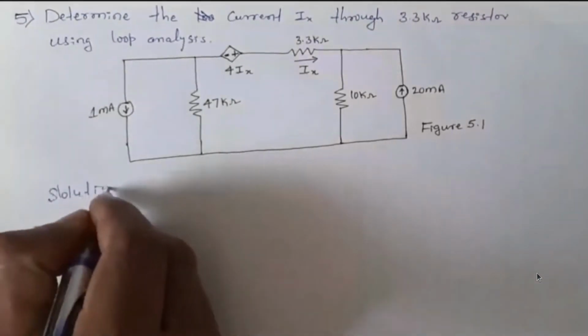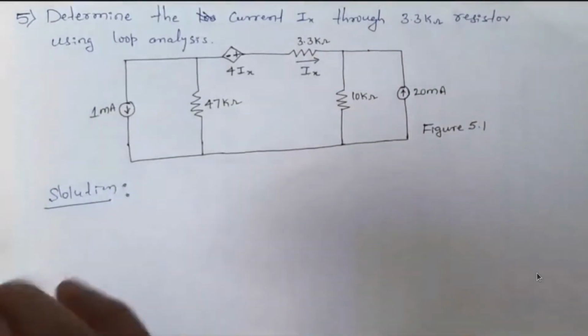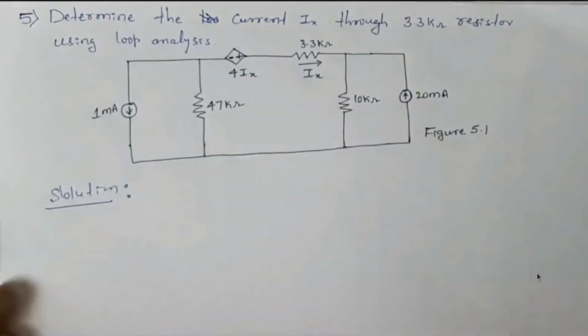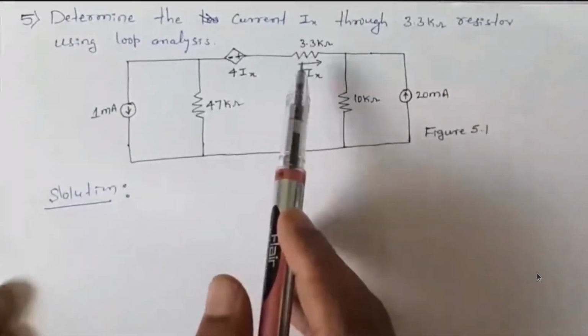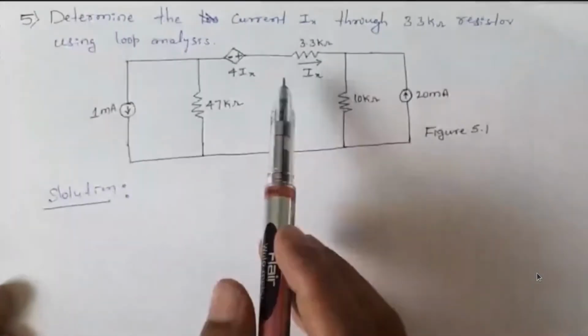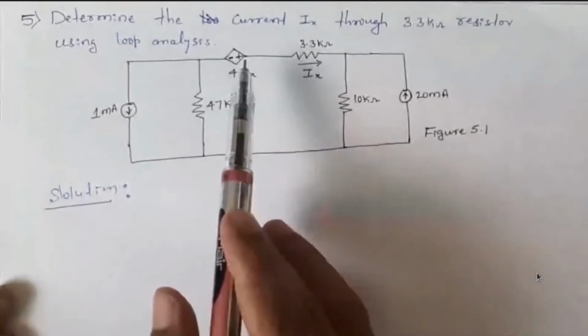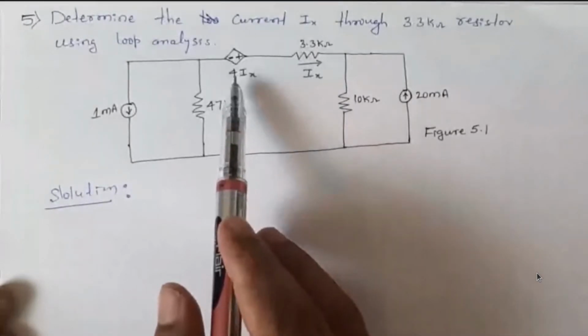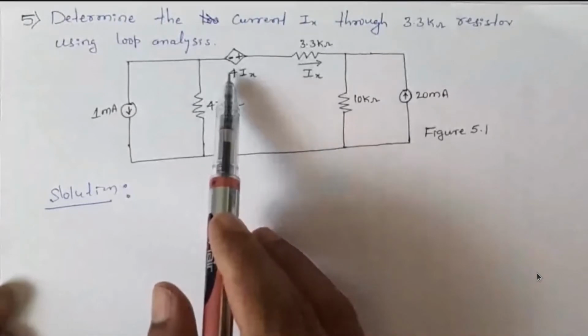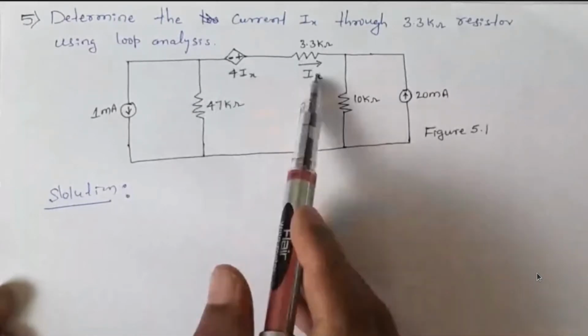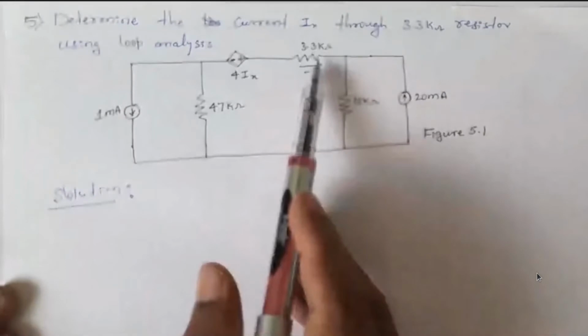What is important here is we have a dependent source. So far we have considered only independent sources in loop analysis, but in this case we are considering a dependent voltage source, and this voltage source depends upon a current, the current through the 3.3 kilo ohm resistor.